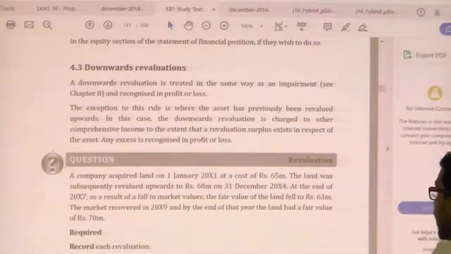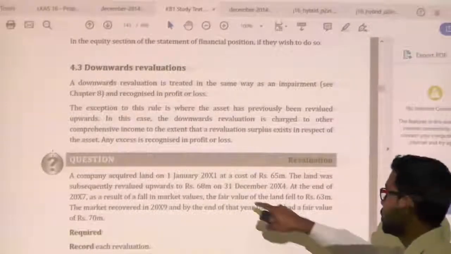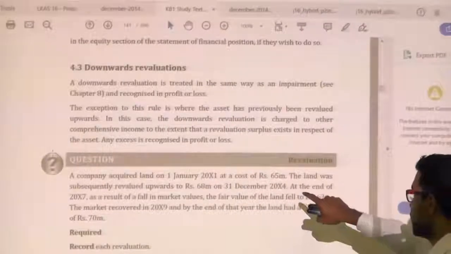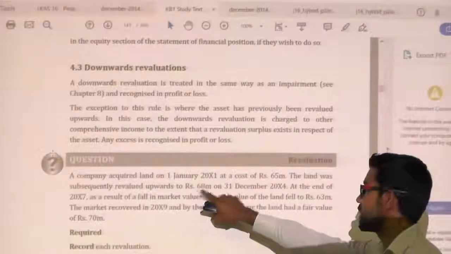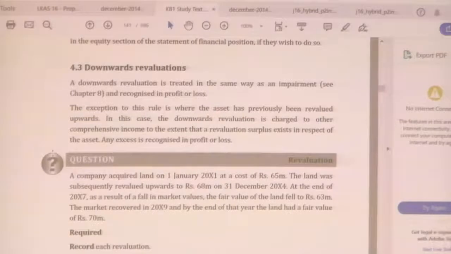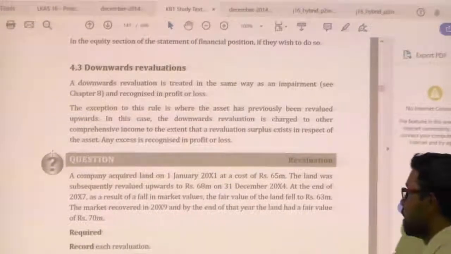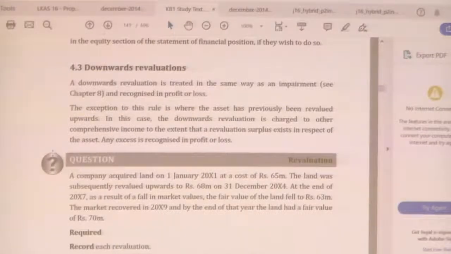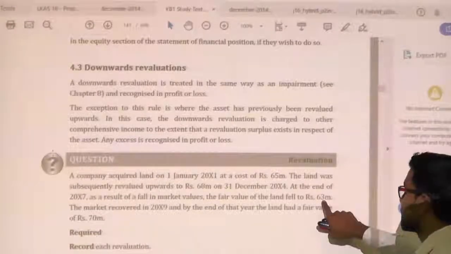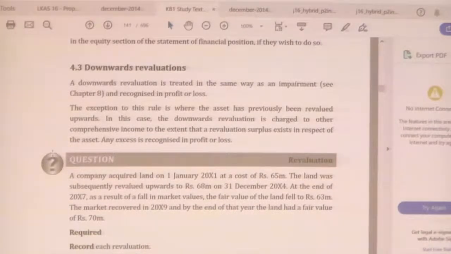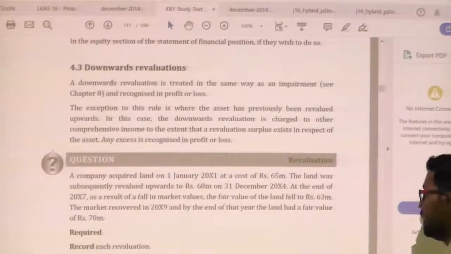Subsequently revalued upward to 68 on 31st December 2014, which is upward revaluation. At the end of 2017, as a result of fall in market value, the fair value of this land fell to 63 million. There is no depreciation for lands, but revaluations are there.